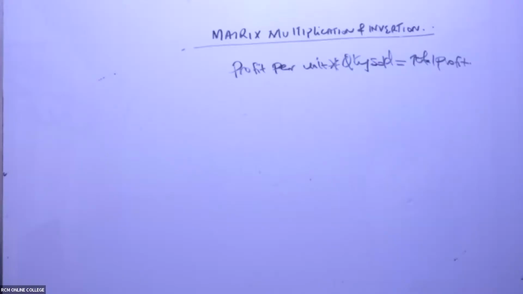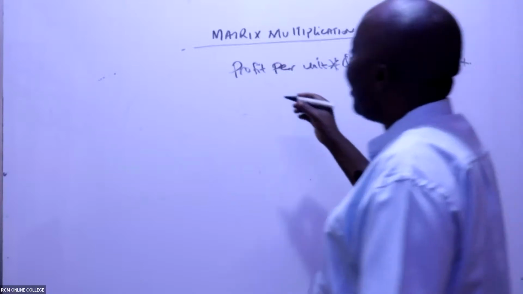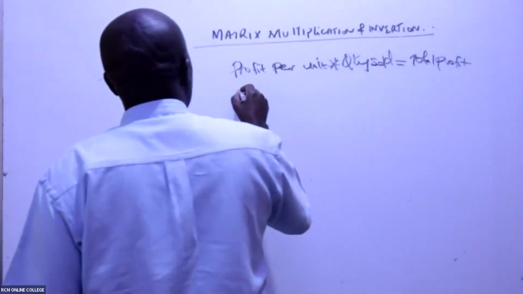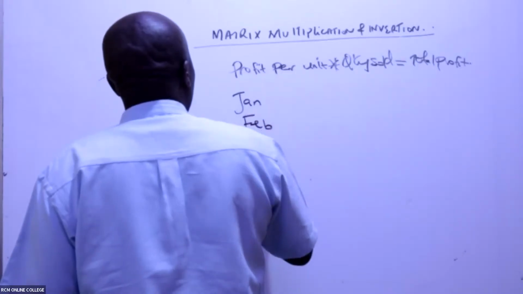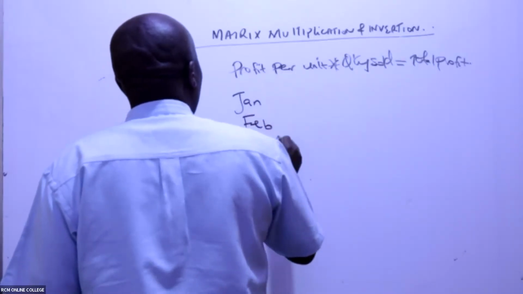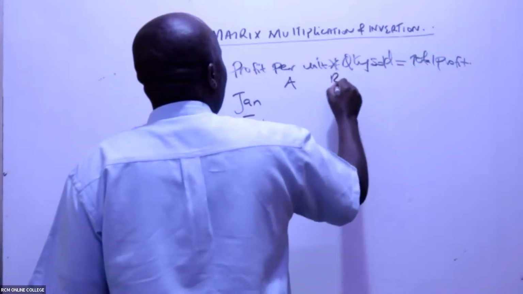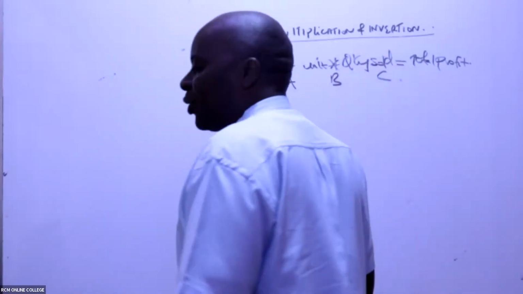So this profit per unit has been given on a monthly basis. We have January, we have February, we have March, for products A, B, C, in the form of a matrix.